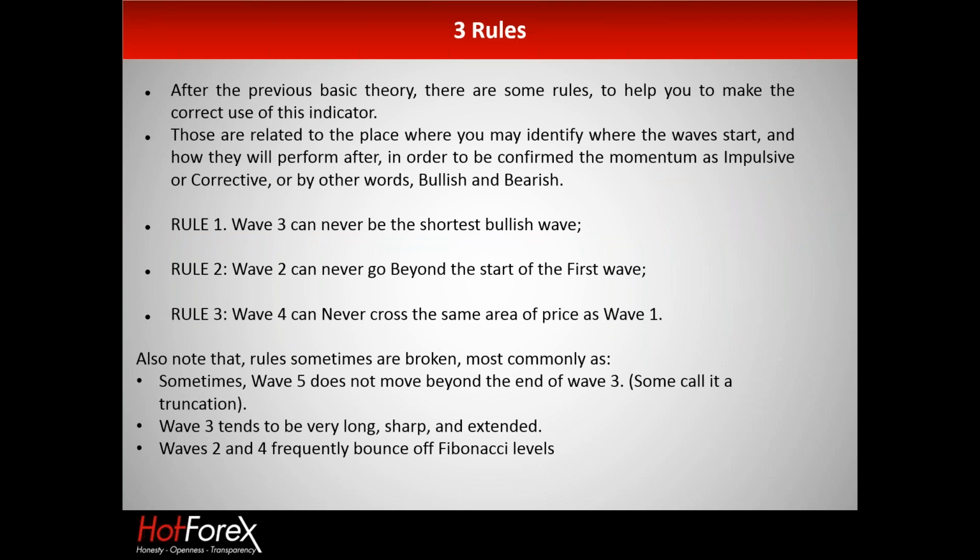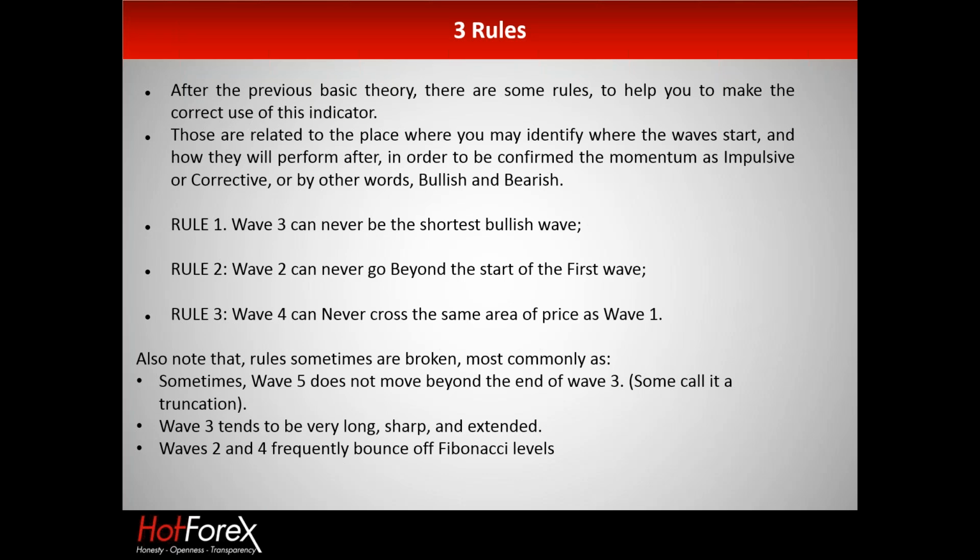Those are related to where you may identify where the waves start and how they will perform after, in order to be confirmed with the momentum as impulsive or corrective, or, as I said before, bullish or bearish. Rule number 1. Wave number 3 can never be the shortest bullish wave on the impulsive momentum. Okay, it should be the strongest and the biggest wave.